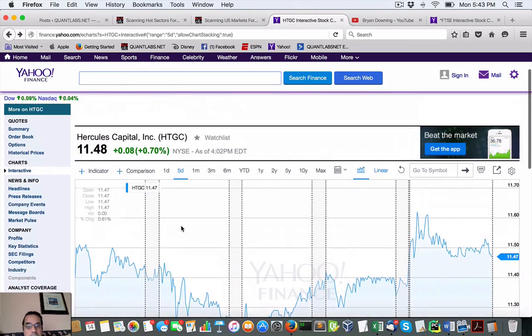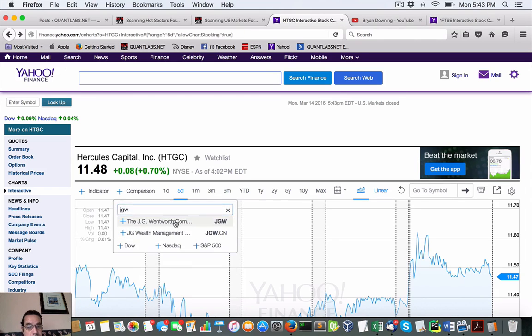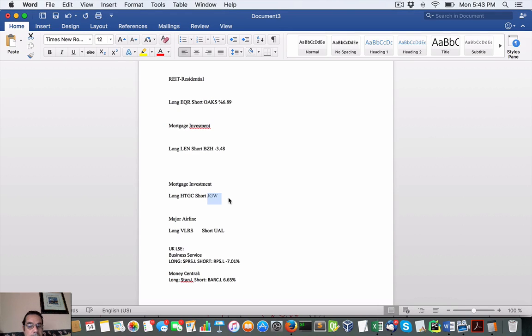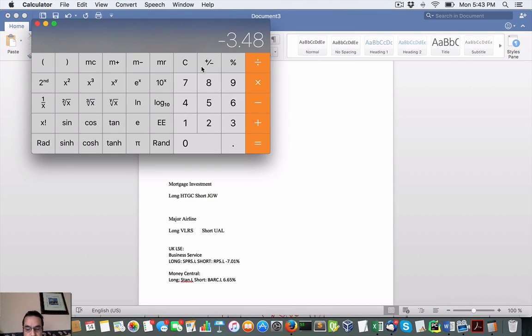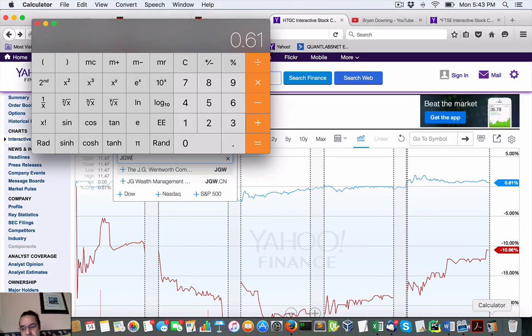It's gone up a little bit. Oh, well, we got another one. This looks like a nice winner here. So we got 0.61, plus this has gone down 10.66. So that's up 11.27%.